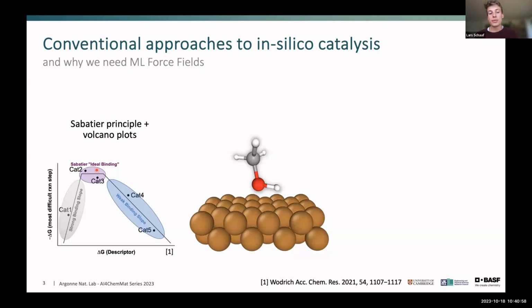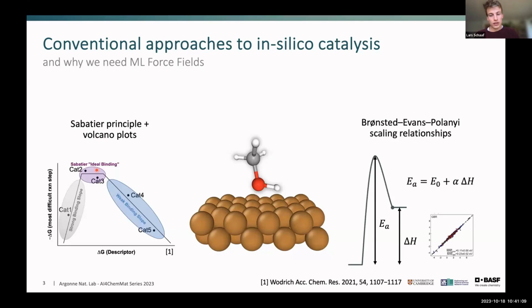And of course, this is a very simplistic model or understanding of how catalysis works, but it has been extremely efficient at helping discover new materials for catalysis. And there's a lot of underlying approximations that are made in this model. One of the key ones here are these scaling relations.